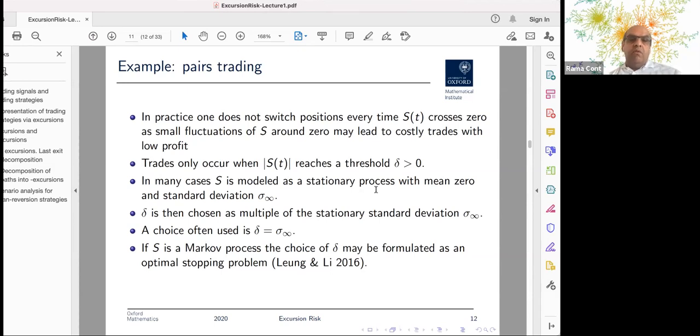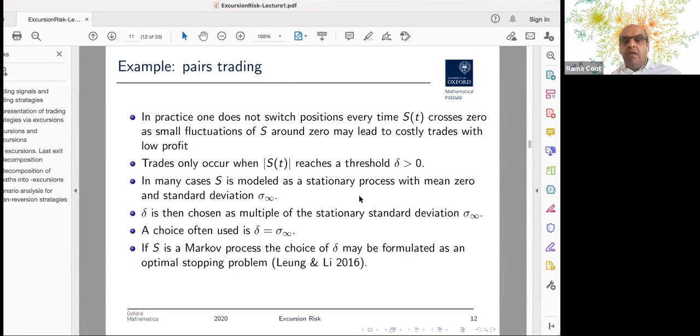It's a very important model, though most of the applications have used the Ornstein-Uhlenbeck model, but not only. There are also applications where you model the signals as a fractional process. I will also come back to this tomorrow and Wednesday.